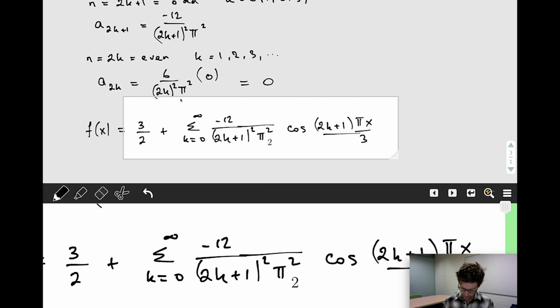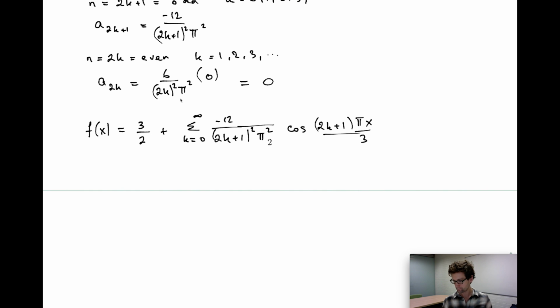So it's a bit of a complicated looking formula, but by looking separately at the cases of n odd and n even, we've managed to find the proper expression for the Fourier series of this function.